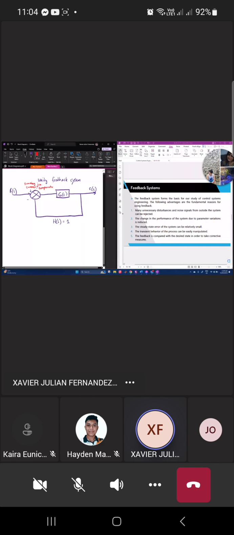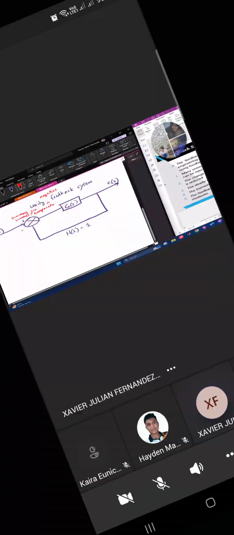Regardless, they both bear the same meaning. So this is a unity feedback system, specifically a unity negative feedback system, because the feedback signal is coming to the negative junction. If it's positive, that's a unity positive feedback system. That's just our naming convention.